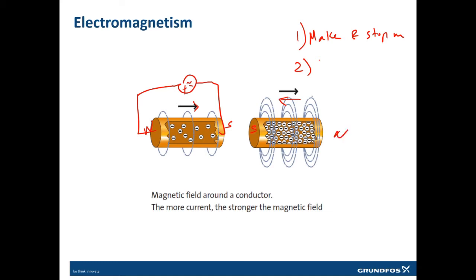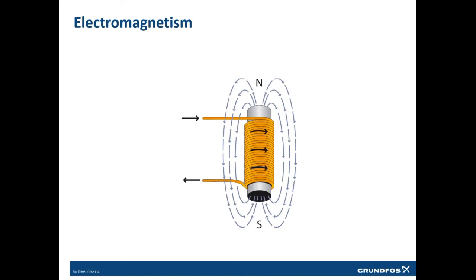I'm discussing the same thing here. If I have this copper wire which has a lot of turns here and coming out, now if the current is going inside, this is my north and this is my south. But if I change the direction of current, going inside here and coming outside here, then this will no longer be a north, this will become a south, and this will no longer be a south and this will become a north.